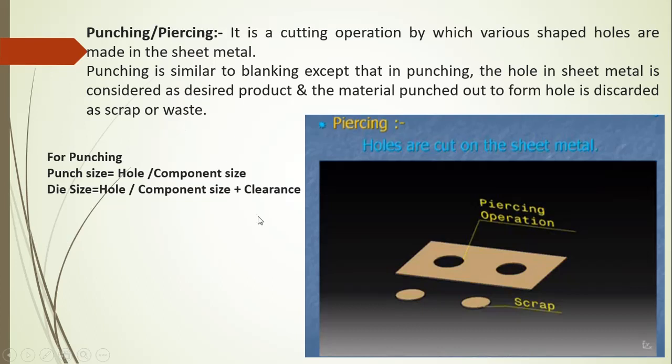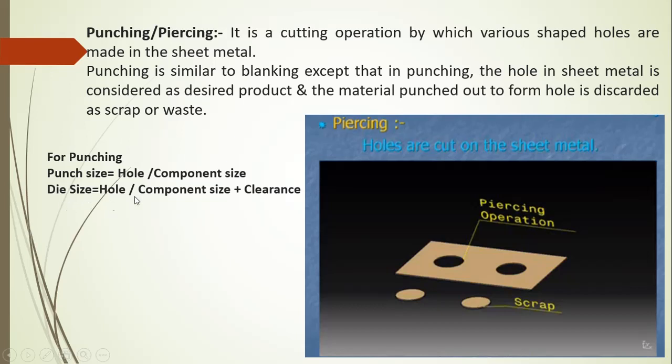Similarly here, suppose we have to create a hole of 20 mm, so the size of the punch must be the size of the hole. That means for punching, the punch size is equal to the hole or component size. Suppose we have to create a hole of 20 mm, then the size of the punch must be 20 mm. What about the die?